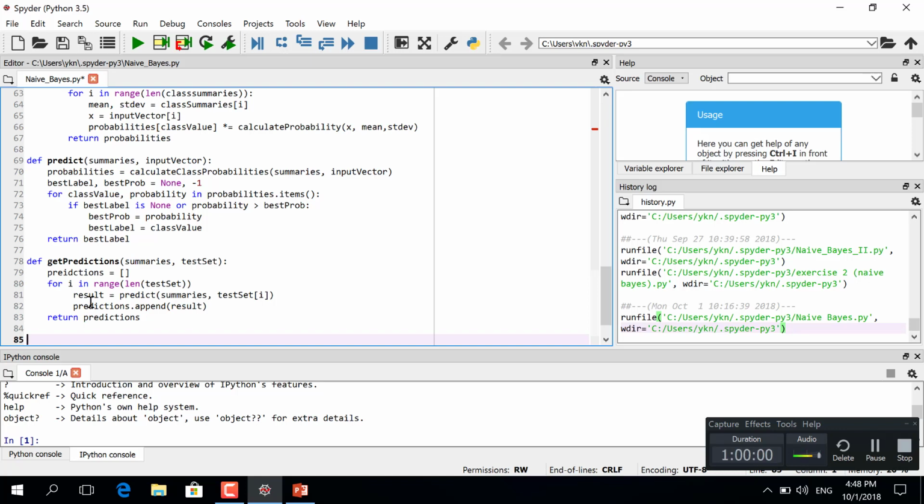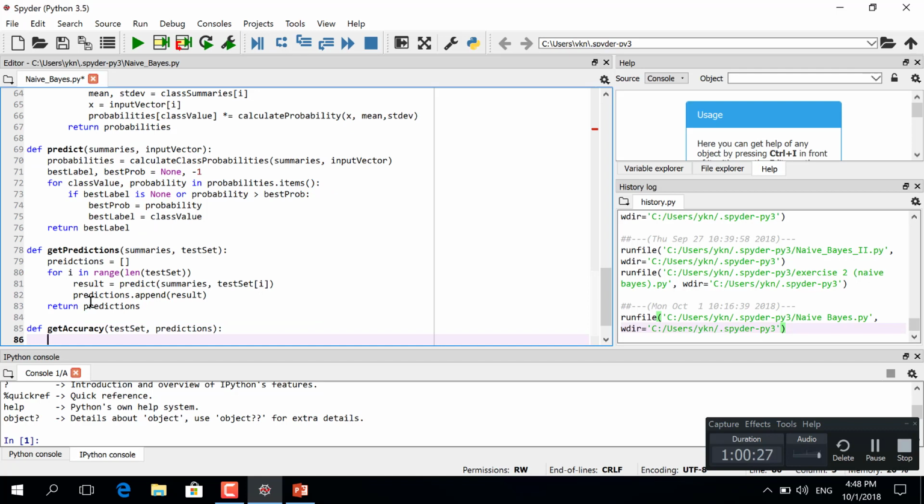Similarly, we need to get the accuracy of the prediction: how much percent of the test set has been correctly predicted.